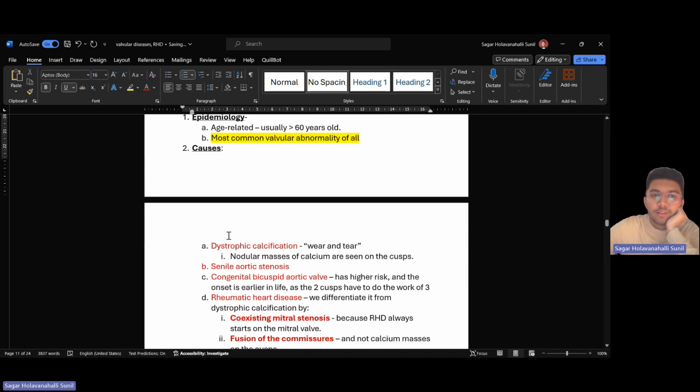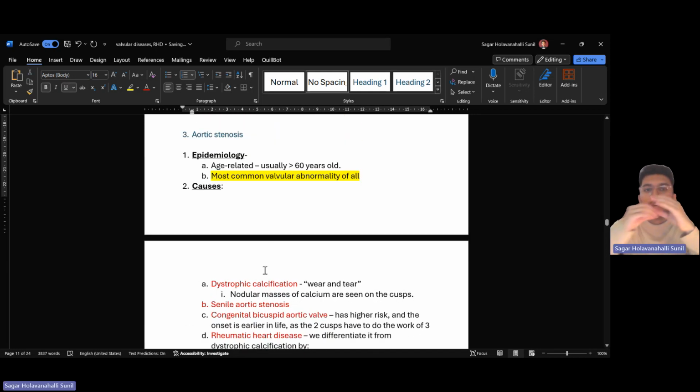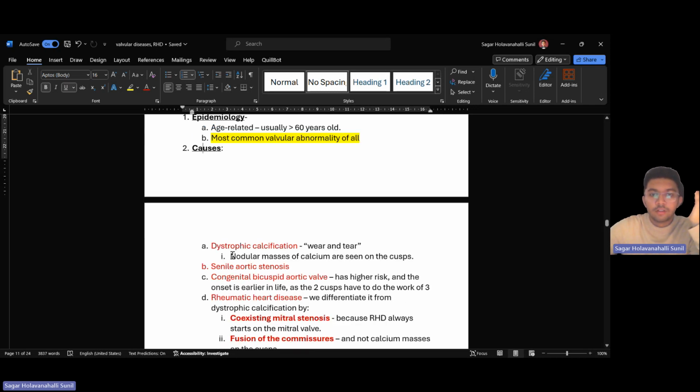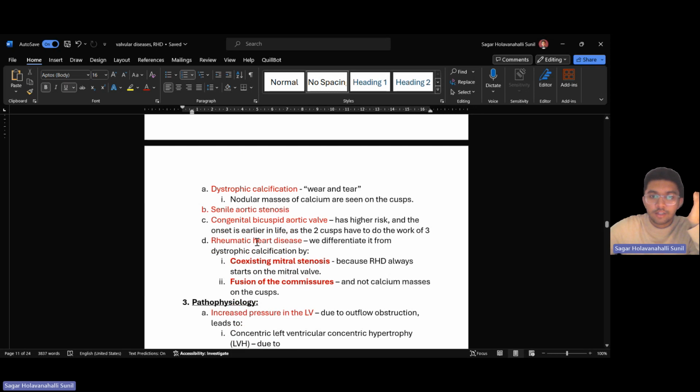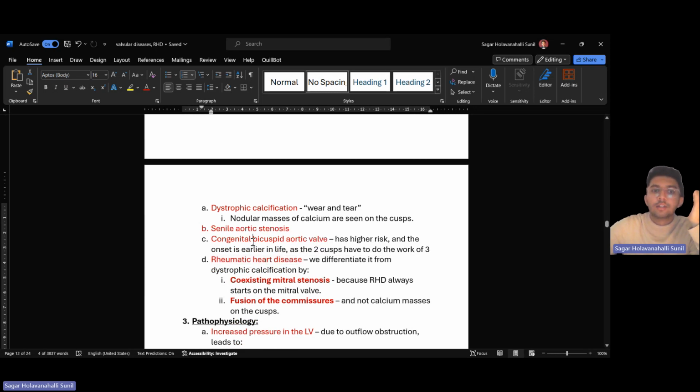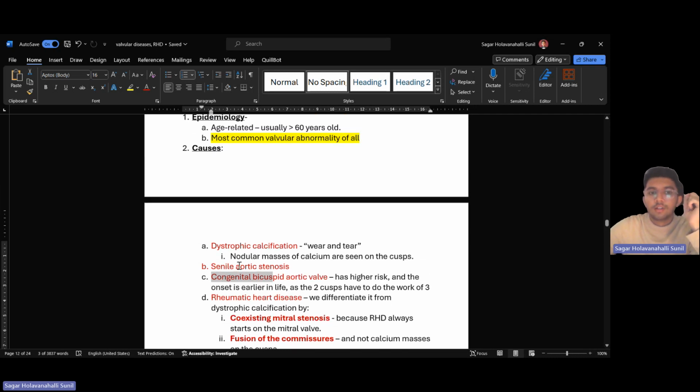Now, causes. Again, you have the aortic valves. Inflammatory causes can lead to fibrosis, scarring and calcifications, number one, which would mean rheumatic heart disease. Then the congenital bicuspid aortic valve that I spoke to you about earlier can be the cause. And of course, old age related, so senile aortic stenosis caused by calcification.